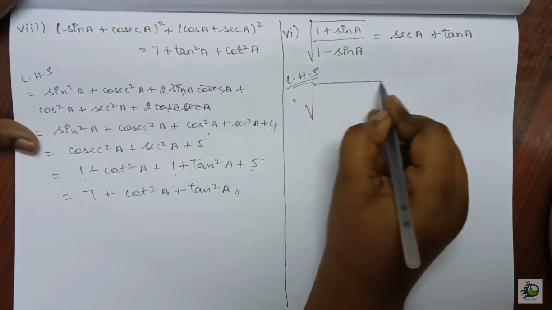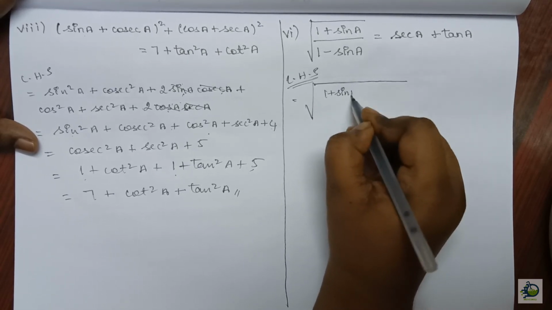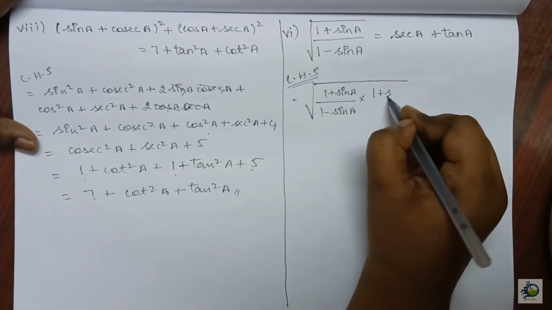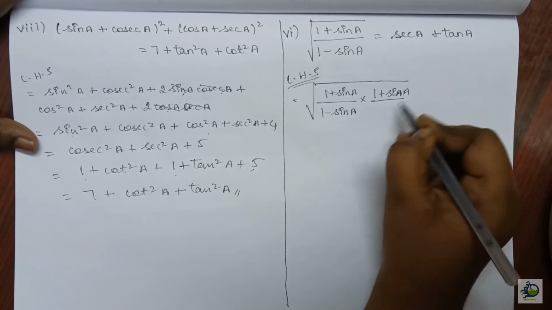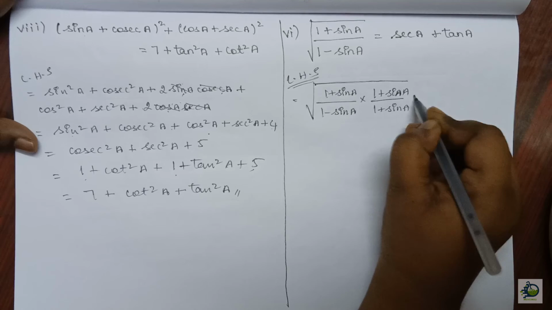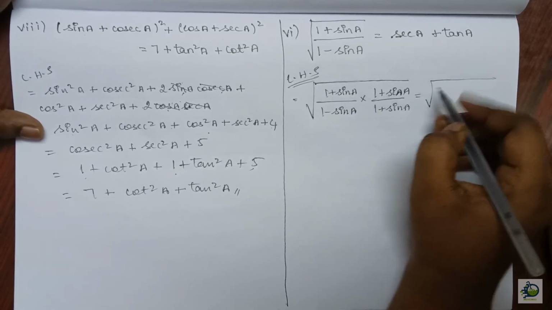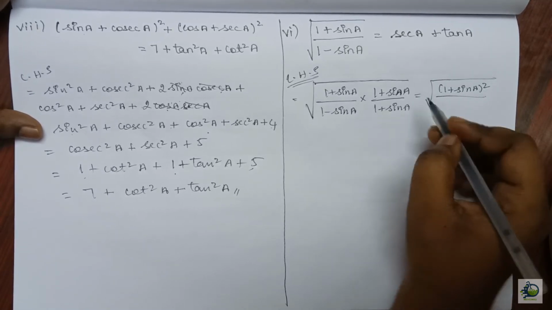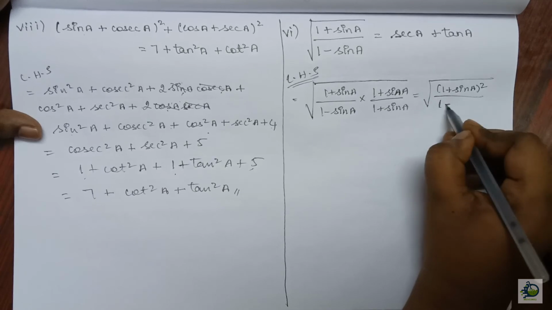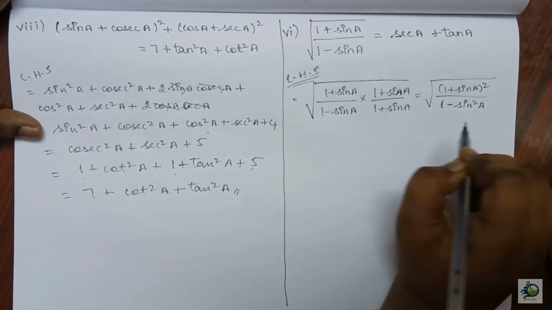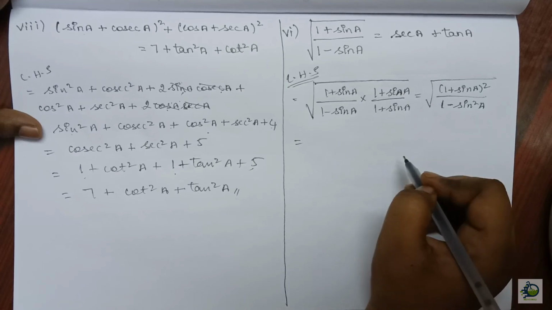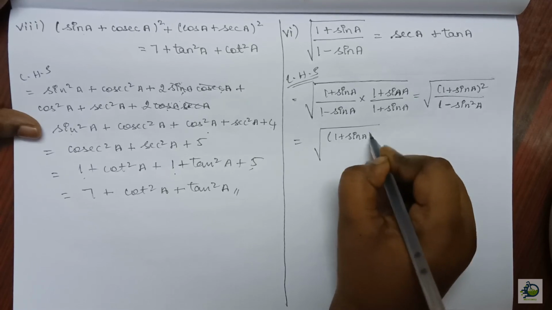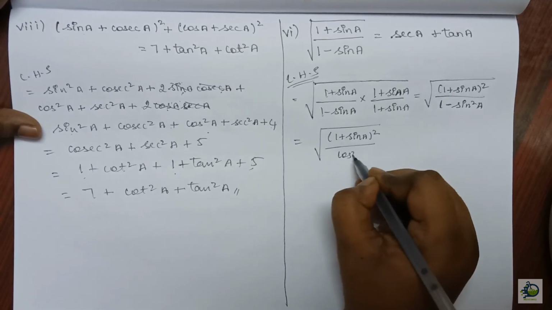So root of 1 plus sin A divided by 1 minus sin A. So when I take conjugate, it is 1 plus sin A divided by 1 plus sin A. So this becomes as root of, here it is 1 plus sin A the whole square divided by, here it is A minus B into A plus B, so 1 minus sin squared A. Here we know that 1 minus sin square A can be written as cos square A. So it is root of 1 plus sin A the whole square divided by cos square A.